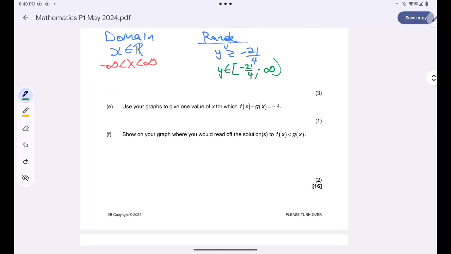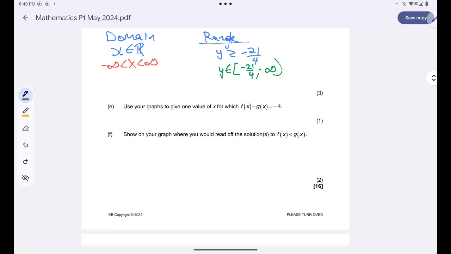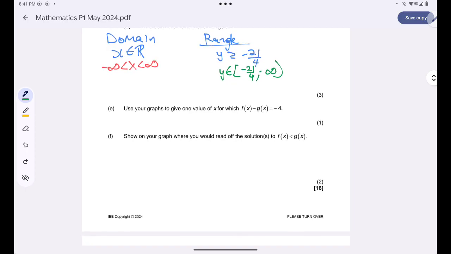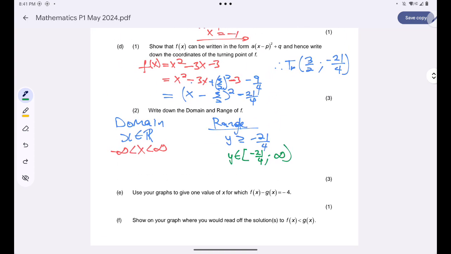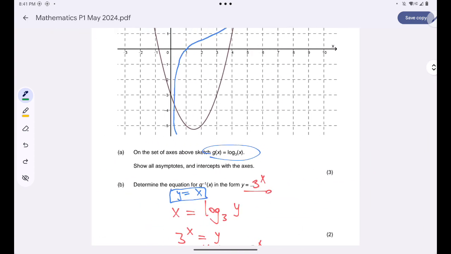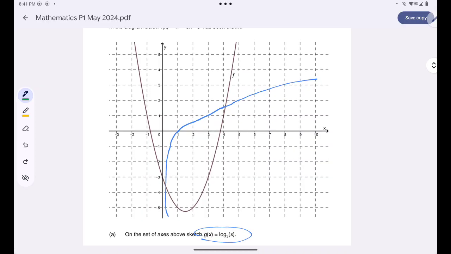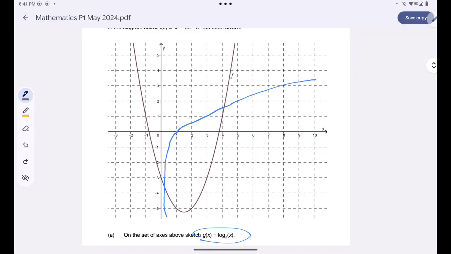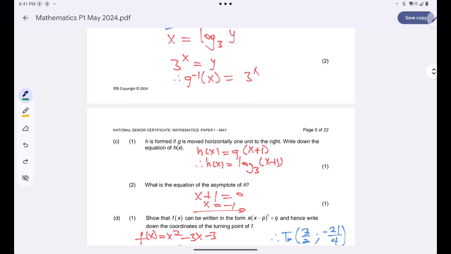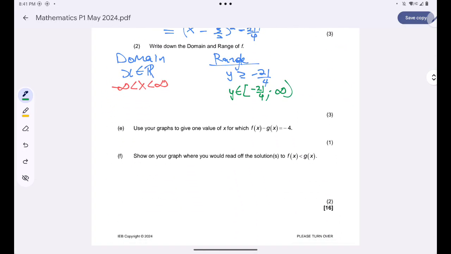Okay, now I'm supposed to use the graph to give the value of x for which f of x minus g of x is negative 4. F of x minus g of x is negative 4. F of x is a graph of a parabola. Let's rather change this thing, because whenever you subtract two graphs, you are dealing with your vertical distance, and I don't want to have a negative vertical distance, right?